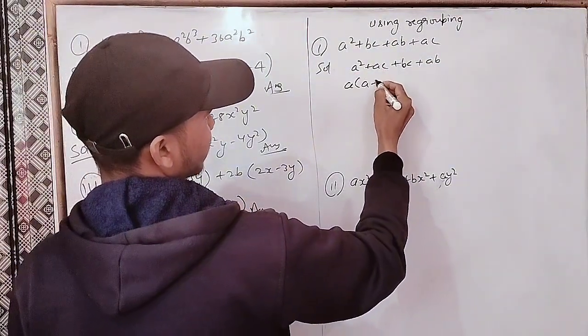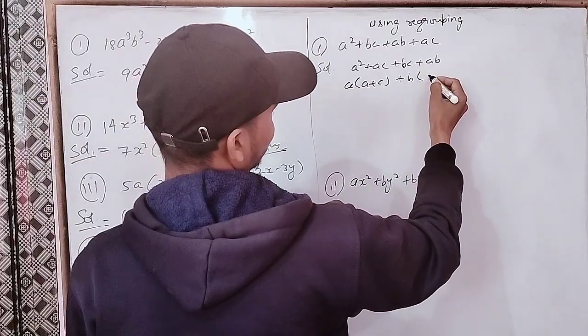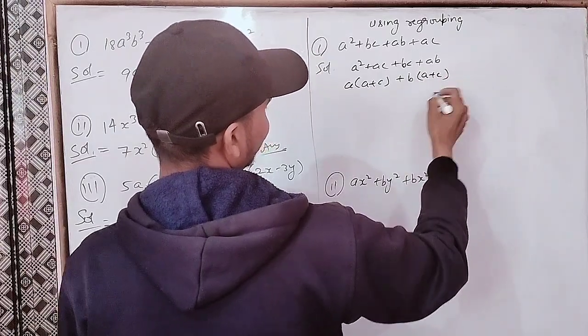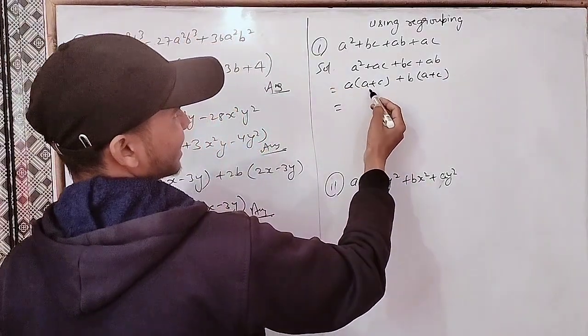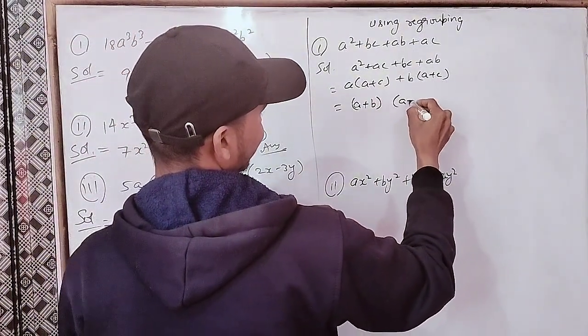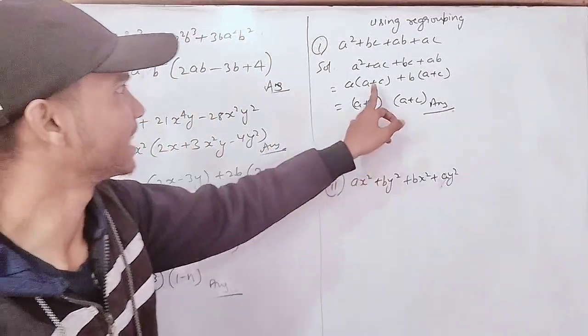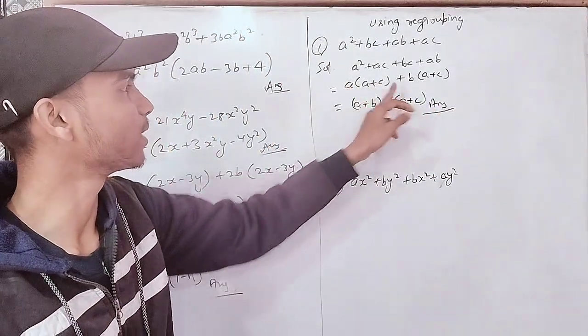So here, can we write like that? Then here we have B common. Now this is common and this is common. Clear? This is common and this is only one.